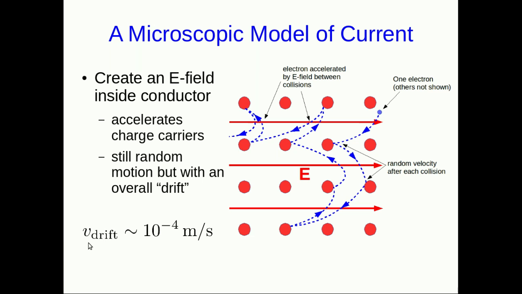And rather surprisingly, in a metal, the typical drift velocities, or drift speeds we talk about for electrons, are of the order of about 10 to the negative 4 meters per second, even 10 to the negative 5 meters per second. Very, very slow, even though the random motions of the electrons in the metal are actually very fast.